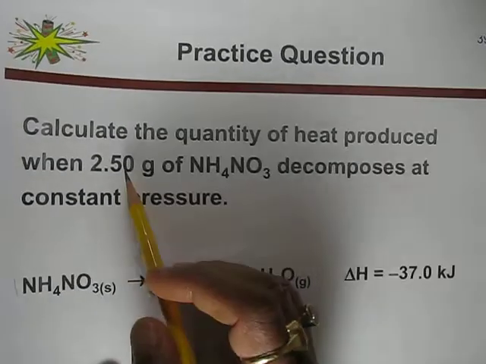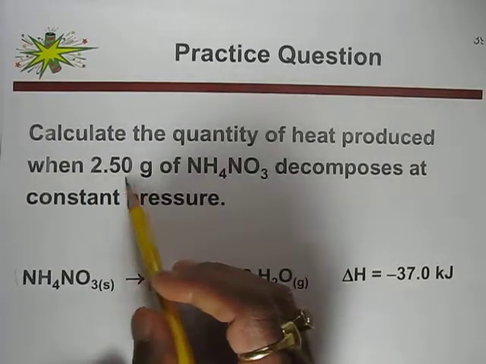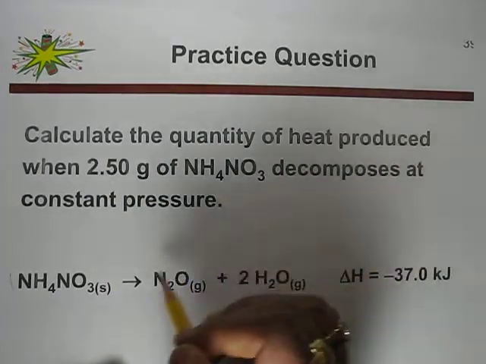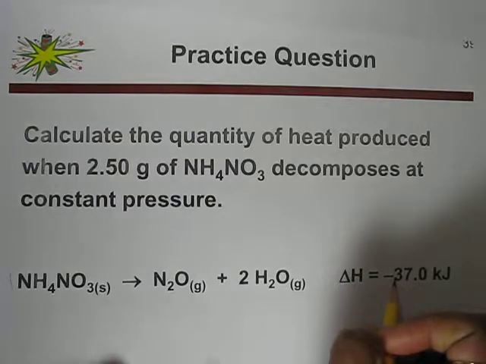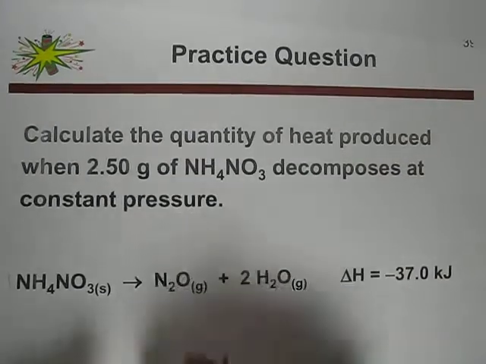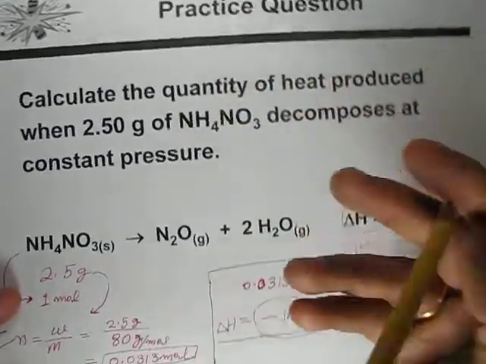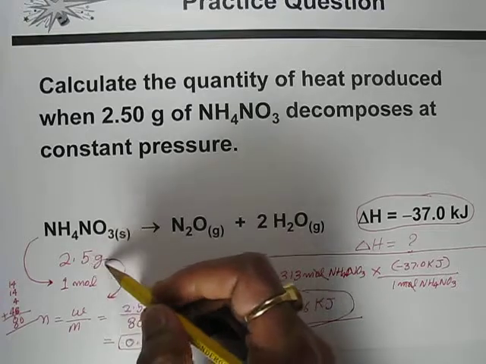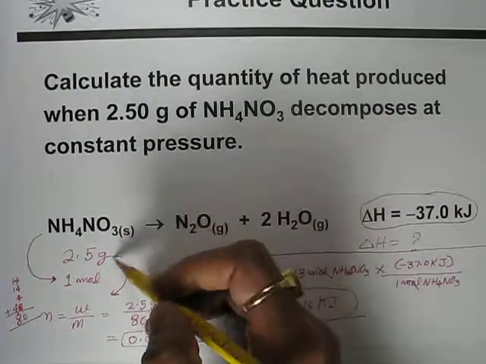Now we have to find out how many moles are in 2.5 gram of ammonium nitrate, and then accordingly we can calculate the enthalpy of this reaction. So let's check how to do this. First we have to convert 2.5 gram into number of moles.